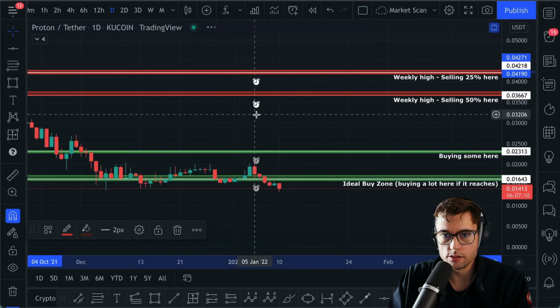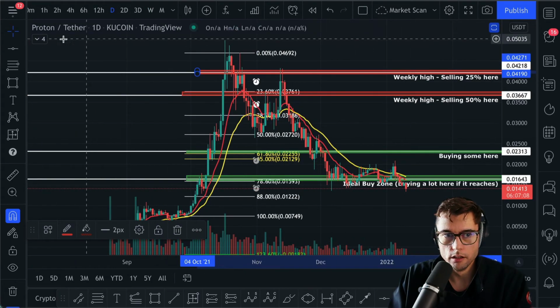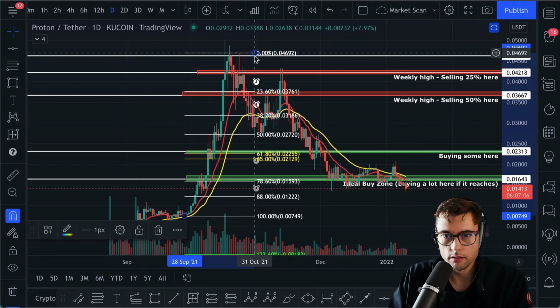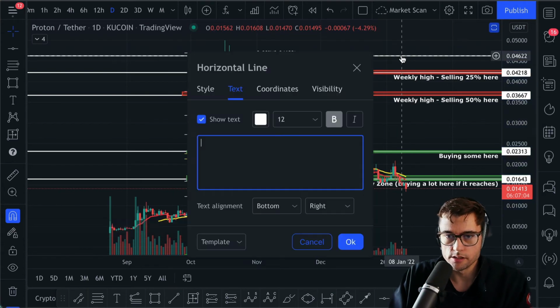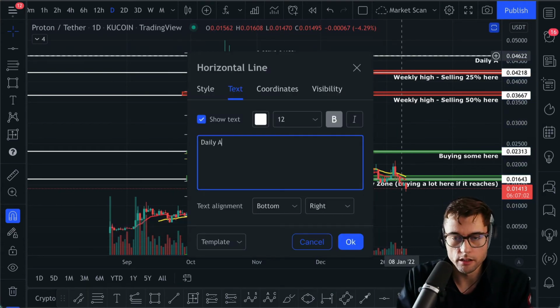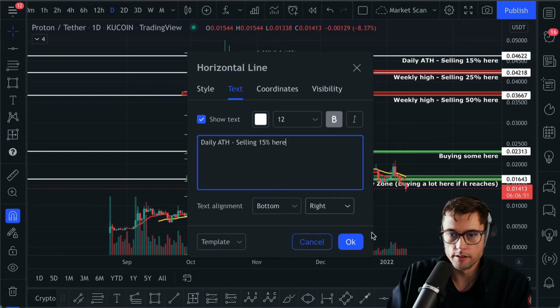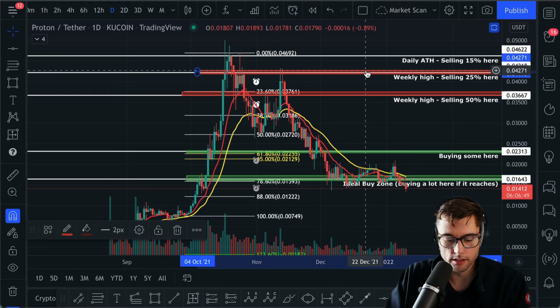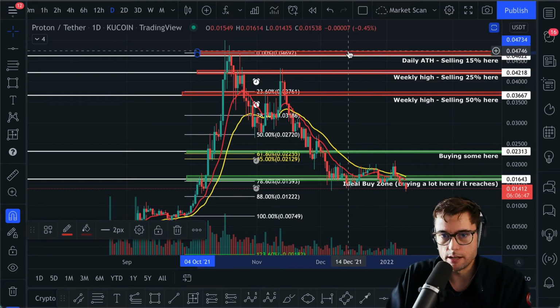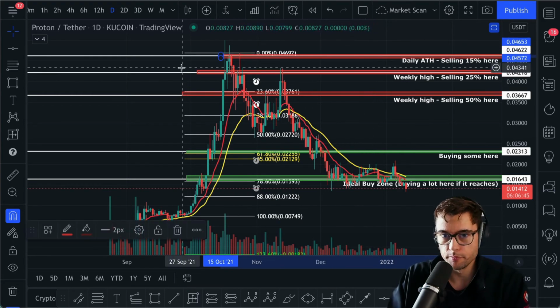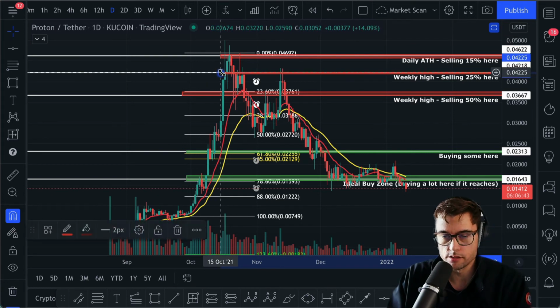And then going into the daily, we have the daily high. Oops, excuse me. So I'll say this is the daily all-time high, and I'll sell 15% here, and I'll sell 15% here, and then I'll be keeping 10% as like a moon bag, because Proton is really good.